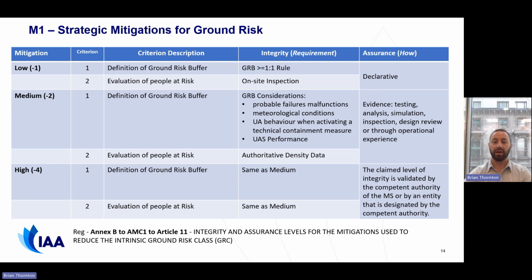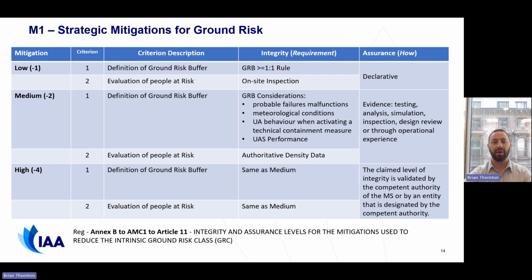We're more concerned with regards to medium robustness for enhanced containment, where we define the ground risk buffer, what might happen within the ground risk buffer, the integrity level, and how do we assure that this level of mitigation can be applied. So this might be applied or declared through evidence of testing, analysis, simulation, or inspection.